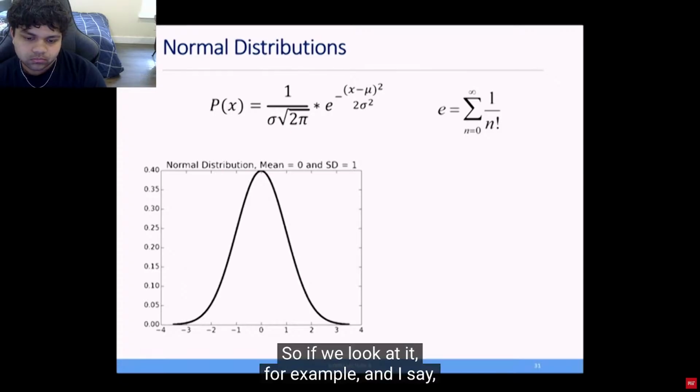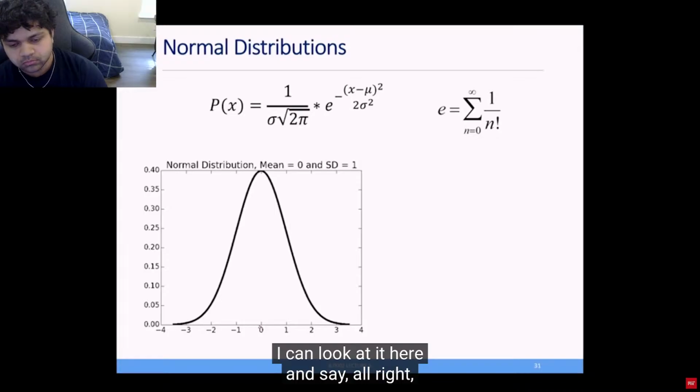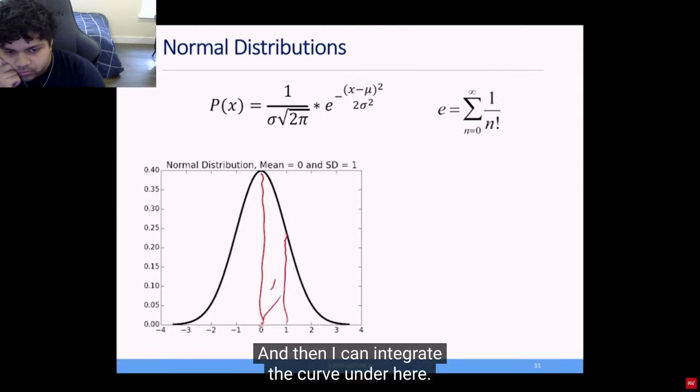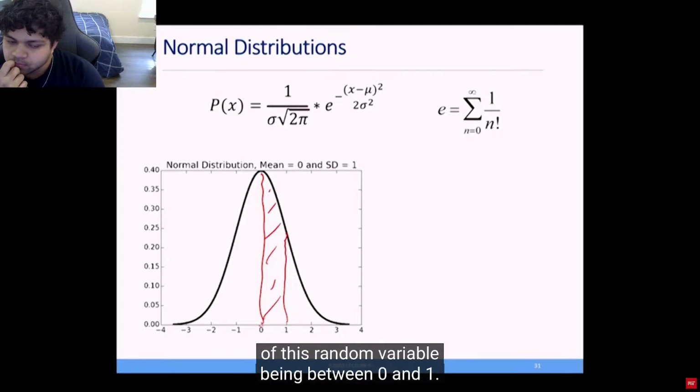So if we look at it, for example, and I ask, what's the probability of the number being between 0 and 1? I can look at it here and say, all right, let's draw a line here and a line here. And then I can integrate the curve under here. And that tells me the probability of this random variable being between 0 and 1.